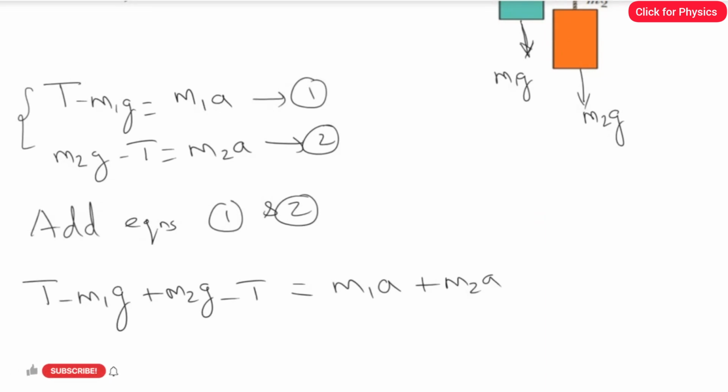Now here you can see the tension has a positive value, and here the tension is negative. So plus T and minus T get cancelled.